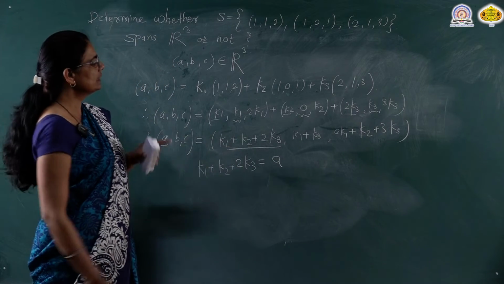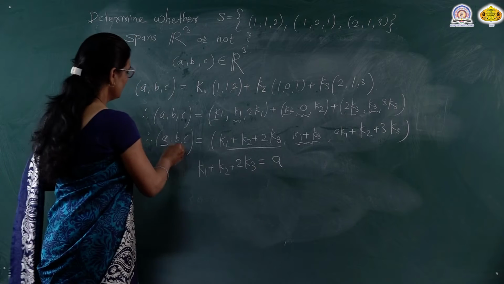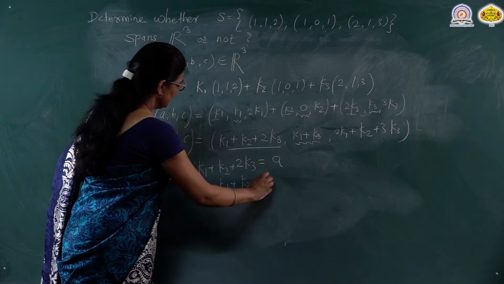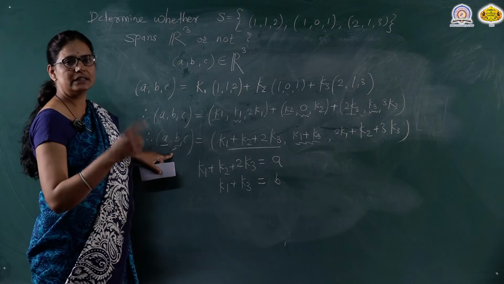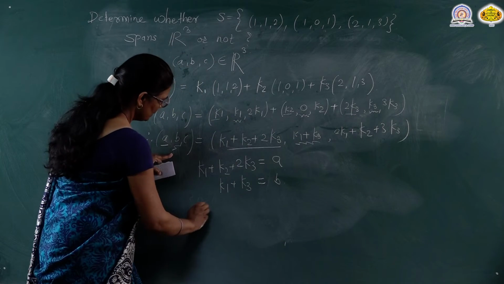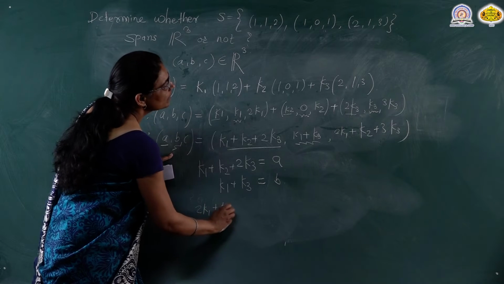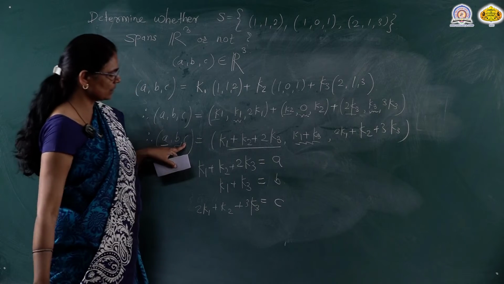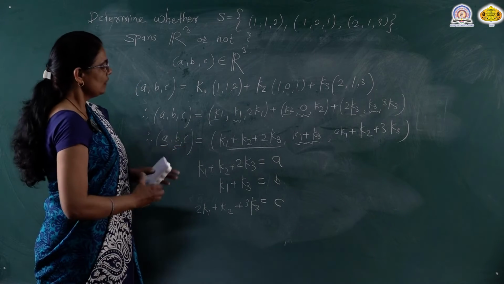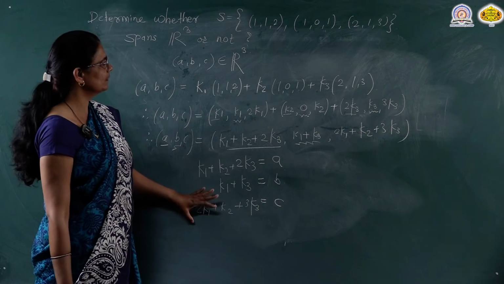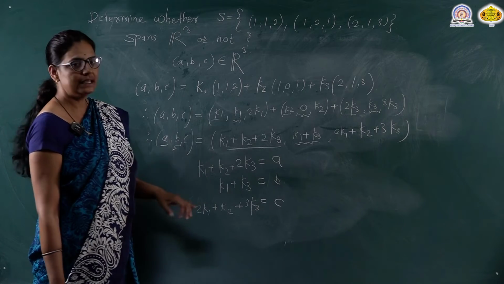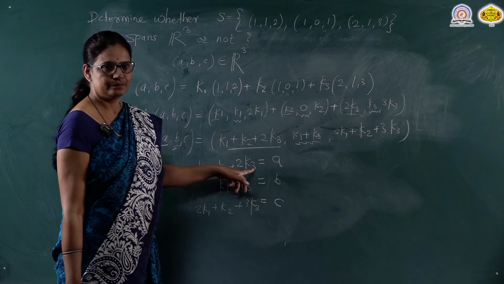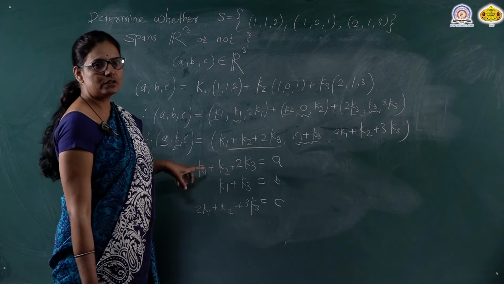Now equate the second component: K1 plus K3 equals B. Now equate the third component: twice K1 plus K2 plus K3 equals C. So equating these, we get a linear system, in which the unknowns are K1, K2, K3. We have to find the solution for this system.